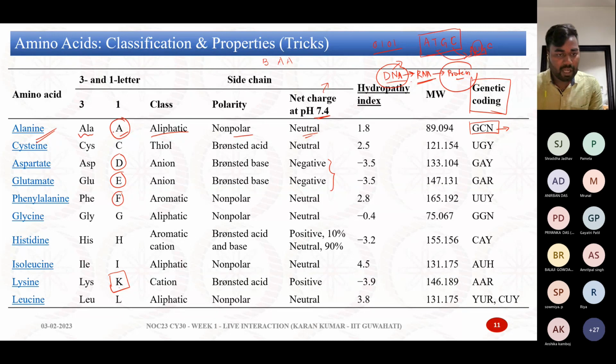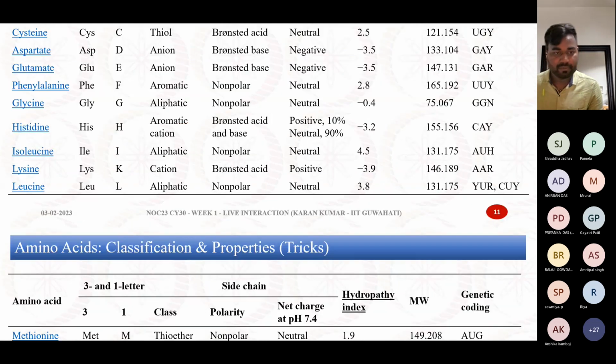Now for all amino acids, there is a 3-letter codon. Okay, for some amino acids, there is more than one 3-letter codon. These are leucine and some others that we will be giving here.